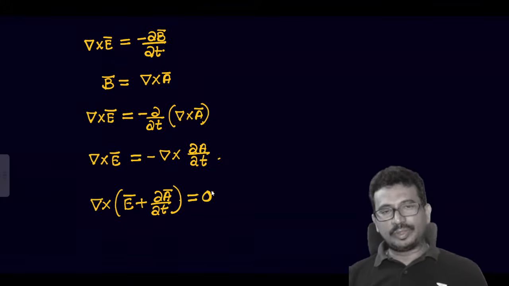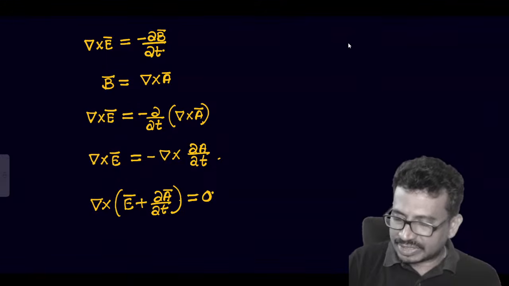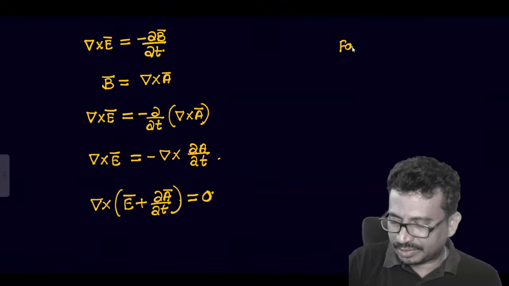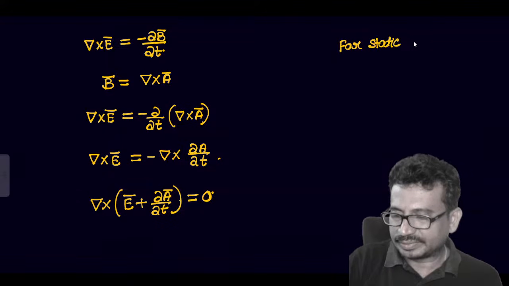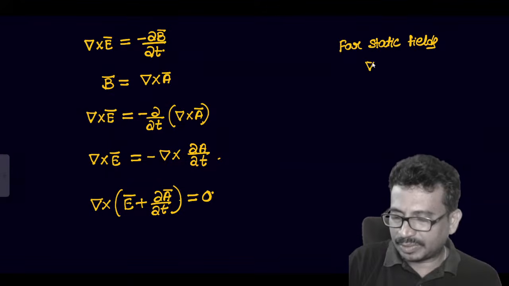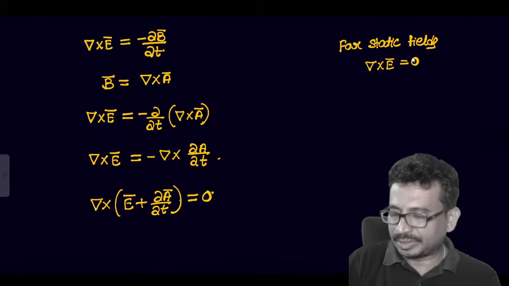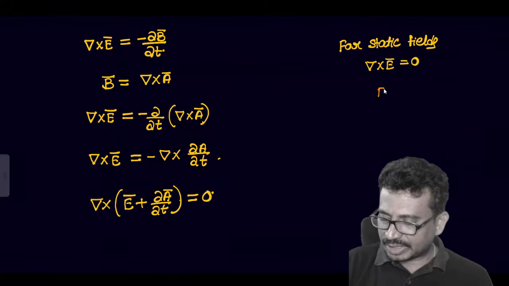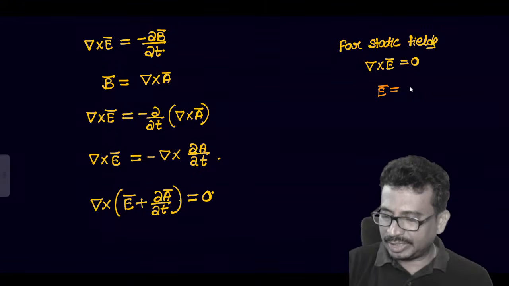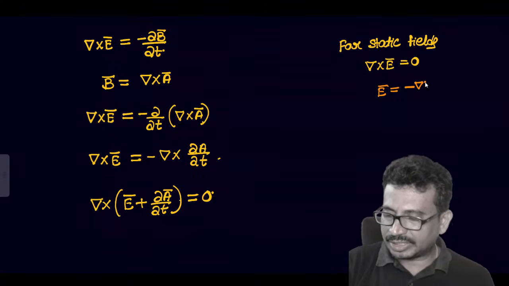Right. So look at now here. Earlier, in the case of static fields, what happens, you tell me now? Del cross E is equal to 0 for a static field. So that's why we expressed E as minus del V, with the relation we have seen.